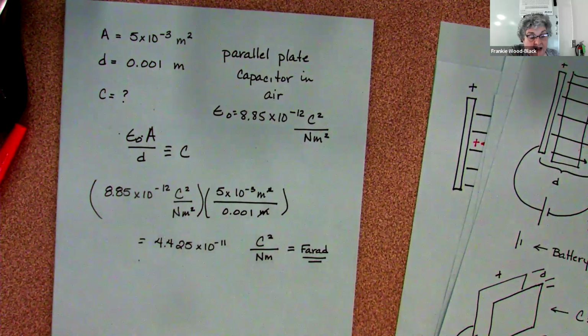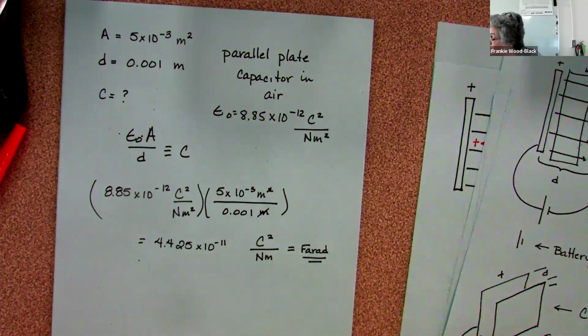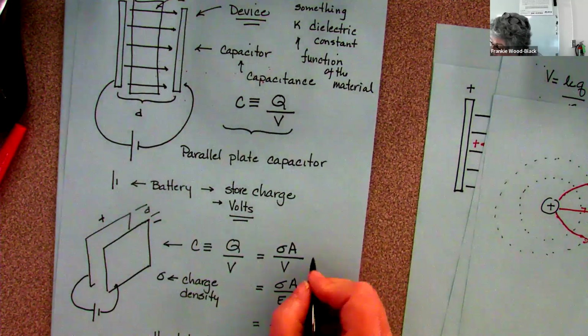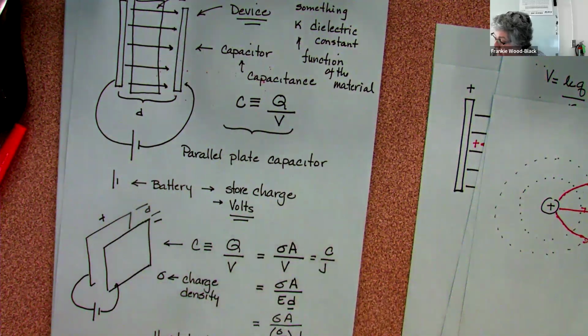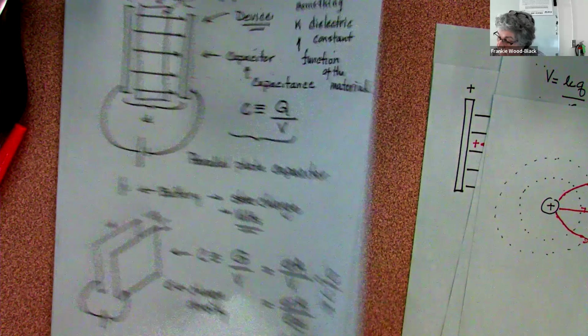Okay, we're going to define that as a farad. In fact, when we do this, this is also a coulomb per joule, and that is defined as our farad.